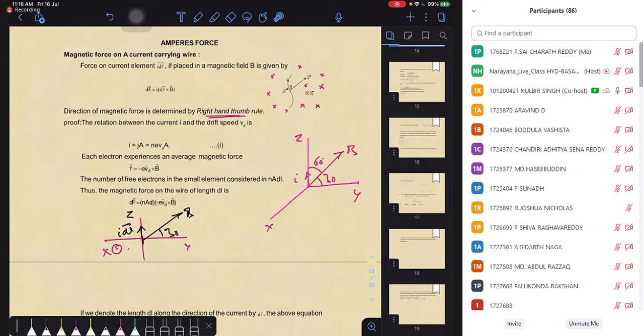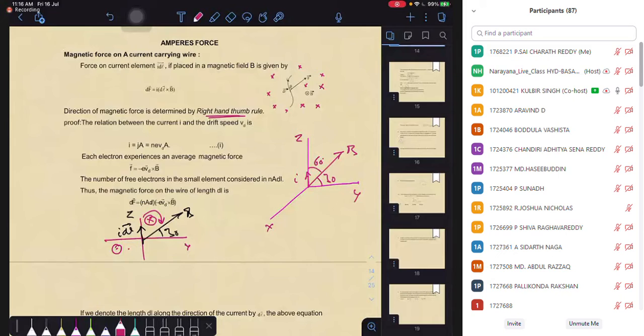Now, if you try to rotate your fingers, your fingers should be in the direction of the current, and you have to rotate your fingers from current to the magnetic field. If you rotate the fingers from current to the magnetic field, your thumb is going in the inward direction.